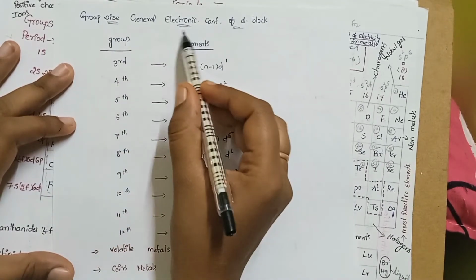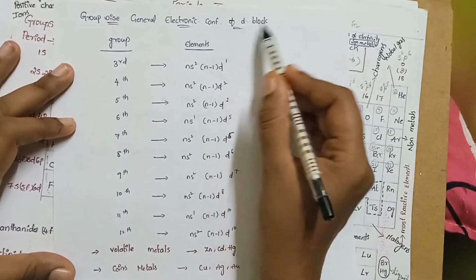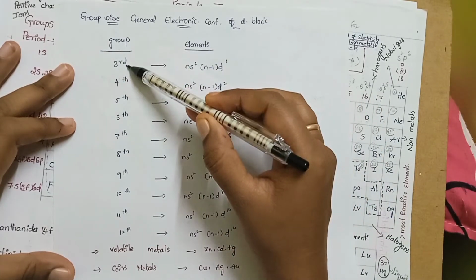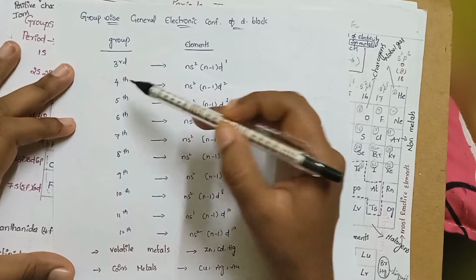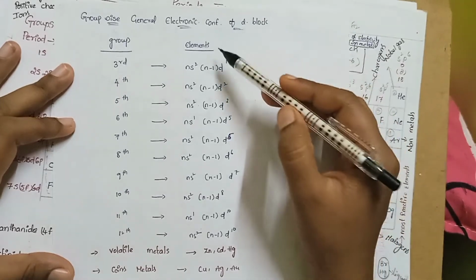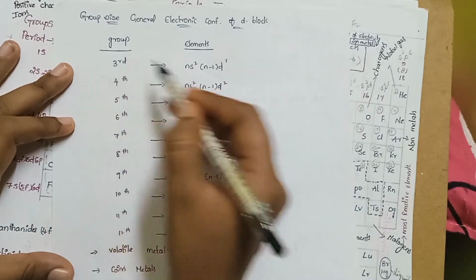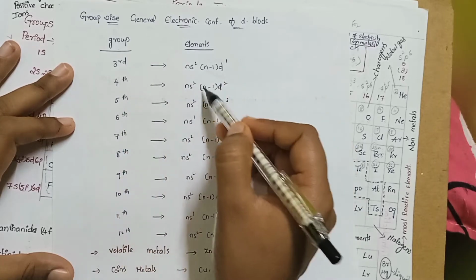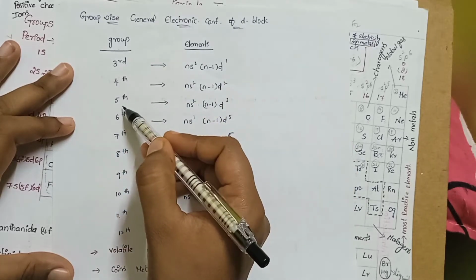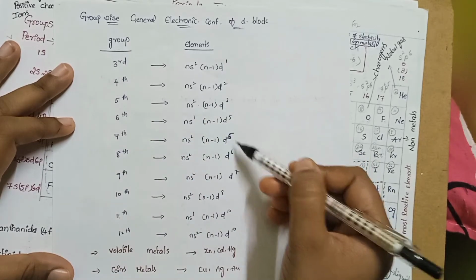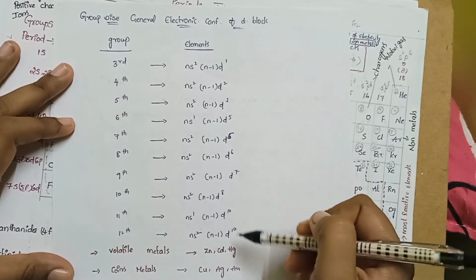Group wise general electronic configuration of d block. The 3d groups are the third, fourth, fifth, 6, 7, 8, 9, 10, 11 and 12. Third group ns2 (n-1)d1, fourth group ns2 (n-1)d2, fifth ns2 (n-1)d3, and so on for 5, 6, 7, 8, 9, 10.